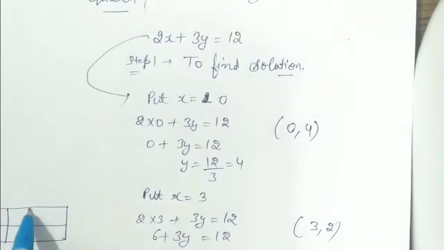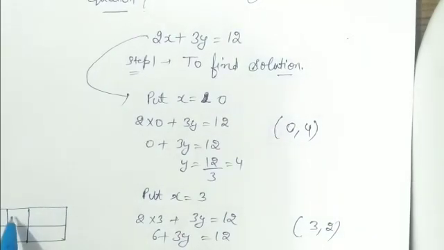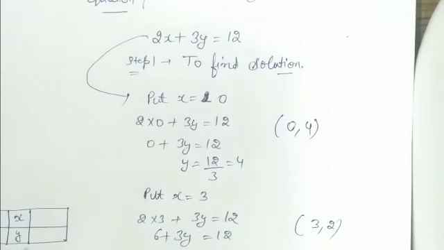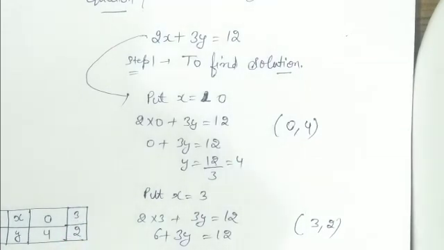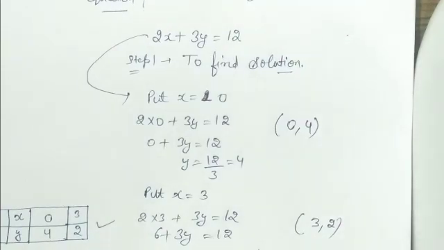So draw the table and write x and y, then the 2 solutions which you have got. For example, first it was 0 and 4, then it was 3 and 2. So this was about the solutions.